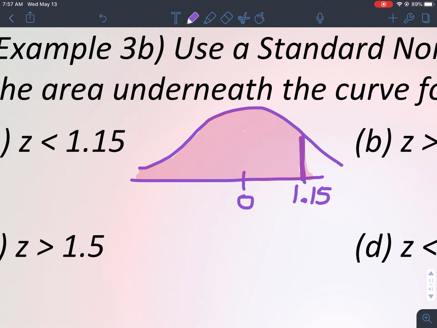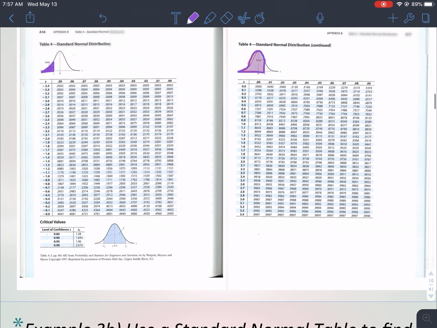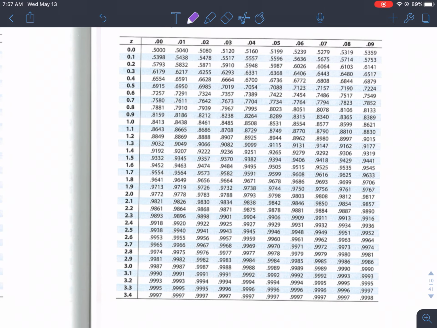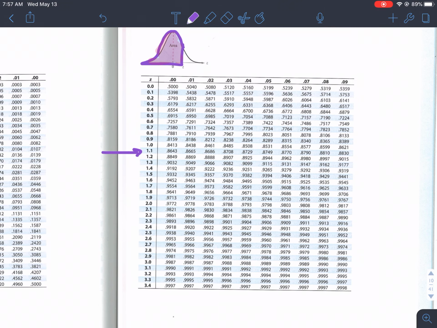Now we have to go back up to the table and let's find positive 1.15. You can see that on the left here, those are negative. So we've got to be on the right page, and we're going to find 1.1 and then 5.